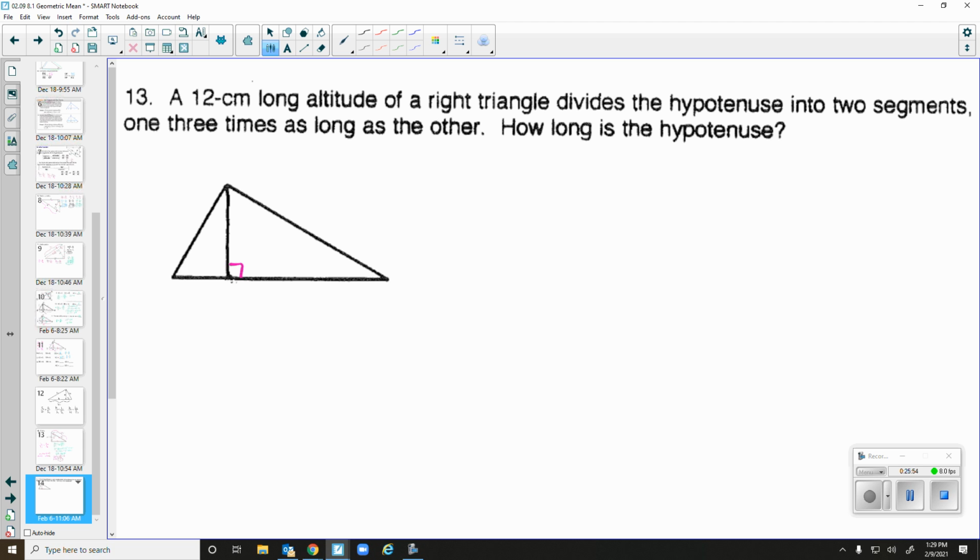Going through and labeling all that, we know the altitude is 12, and the hypotenuse is split into 2 segments, one that is 3 times the other, so x and 3x.